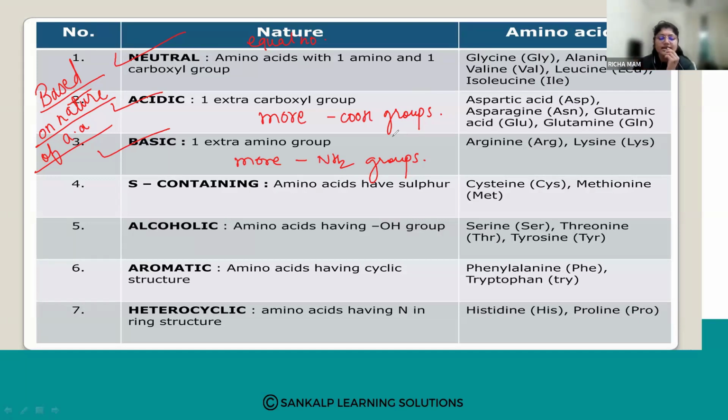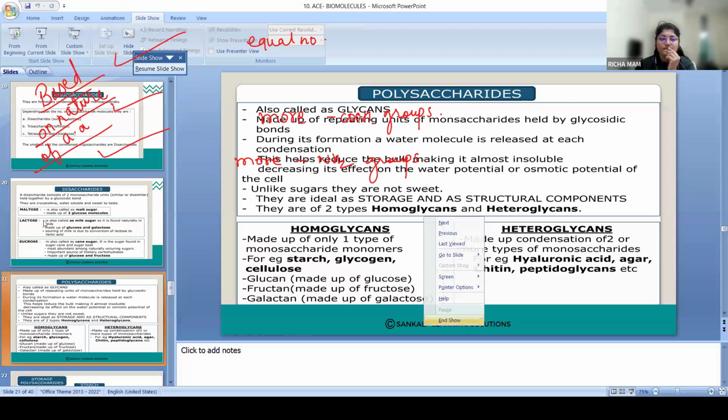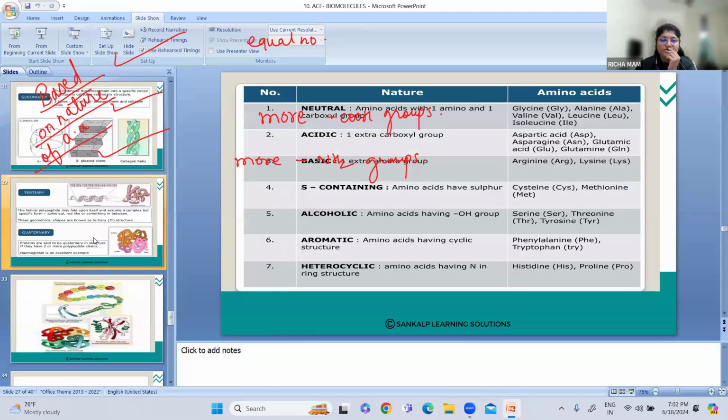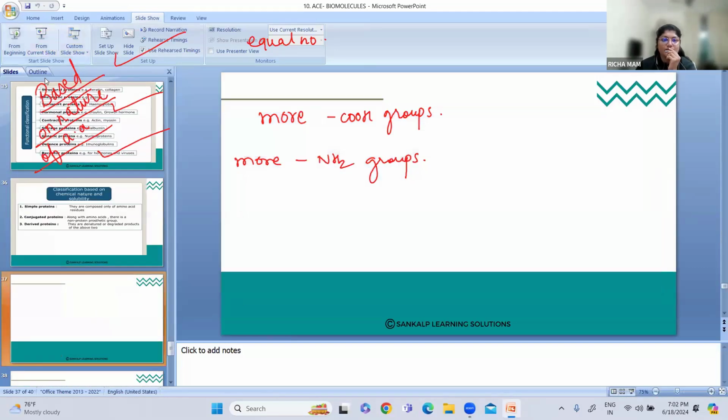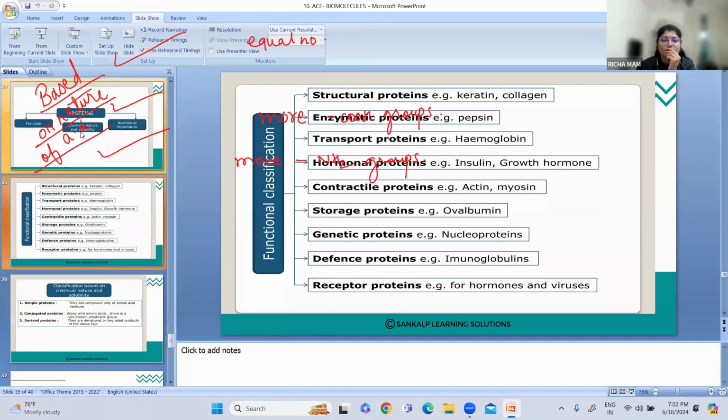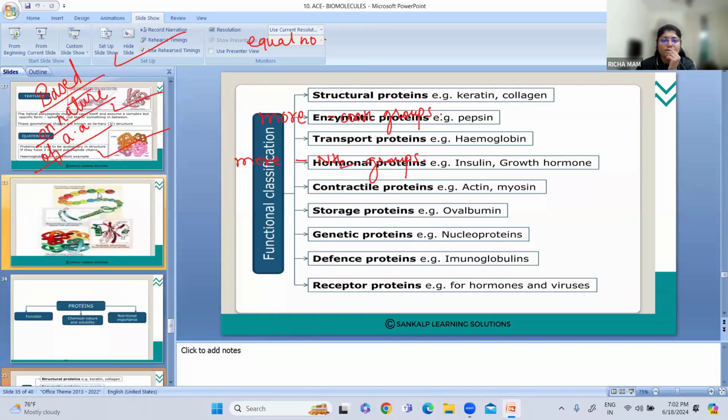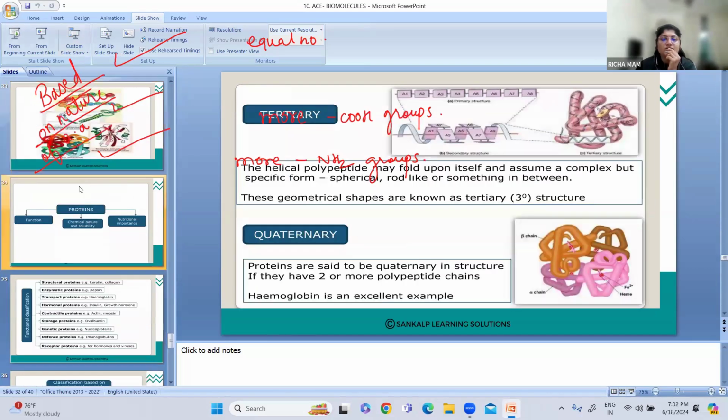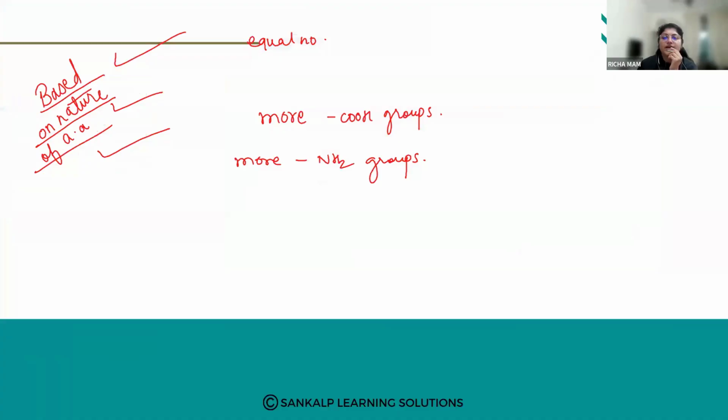Next, the second classification of amino acids is based on biological importance.